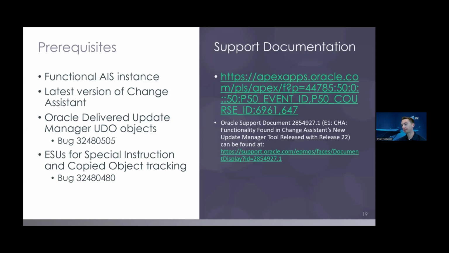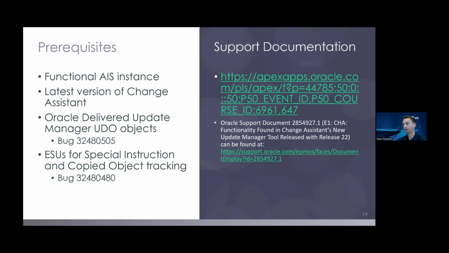So some prereqs. Again, this is branded as release 22. You don't necessarily have to be at that level to take advantage of this. You do need a functional AIS instance because Update Manager will tie into that AIS instance and run some orchestrations.